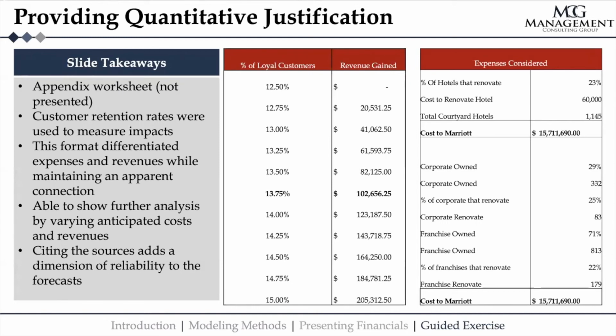That's how you can see on the left-hand side, as each increment increases between loyal customers, how each revenue will in turn increase. The expenses considered by deciding an appropriate percentage of hotels to renovate, and then associate a certain cost with that percentage of hotels. We also found a balance between corporate and franchise-owned hotels in order to accommodate for those considerations.